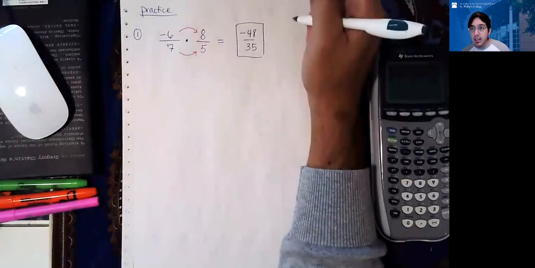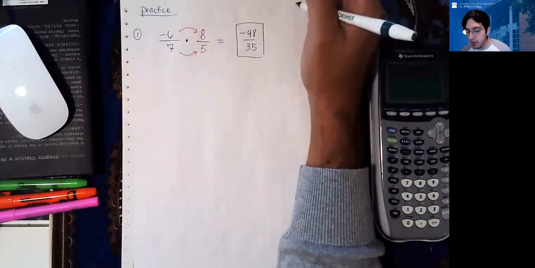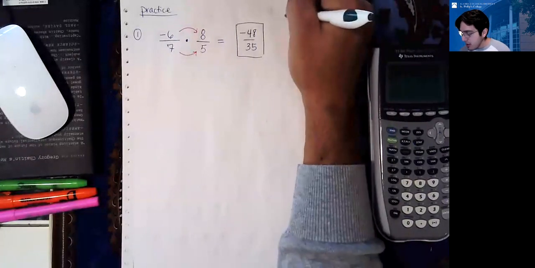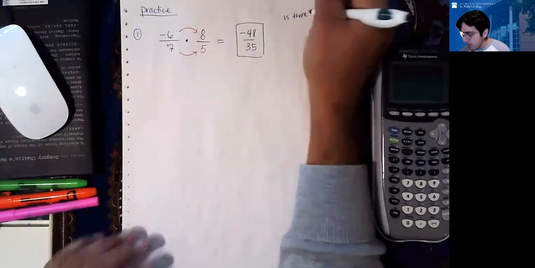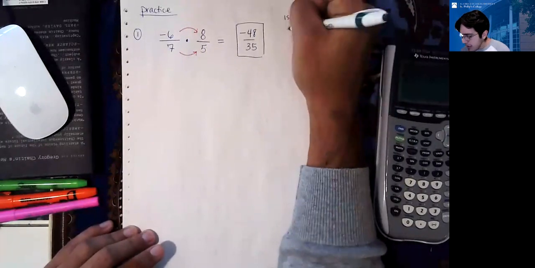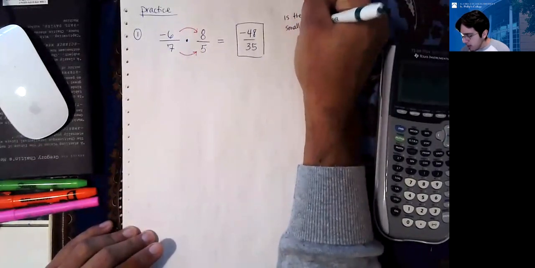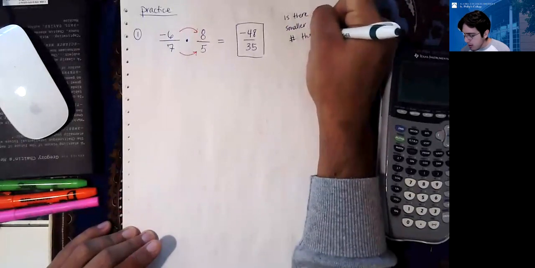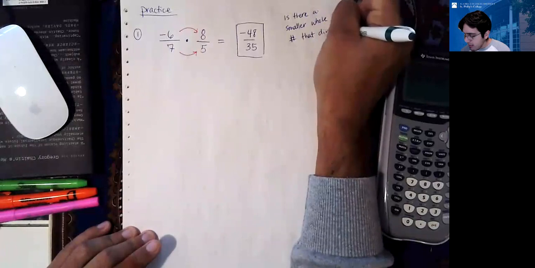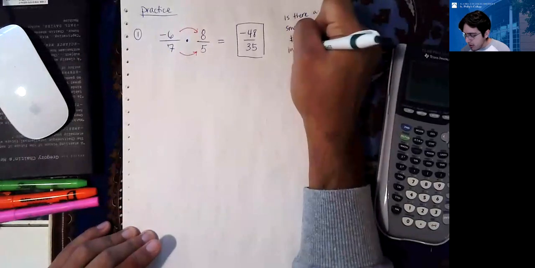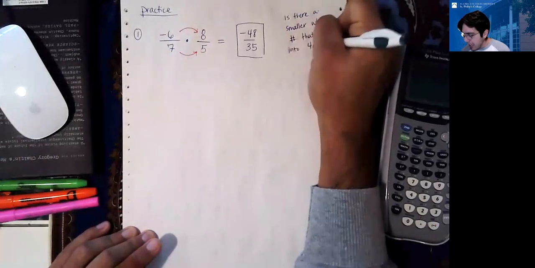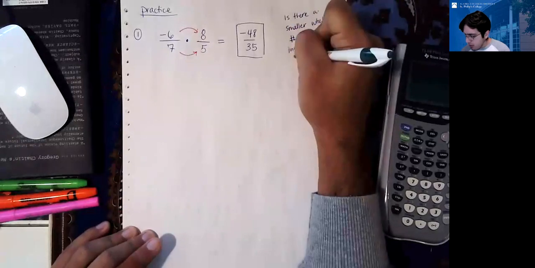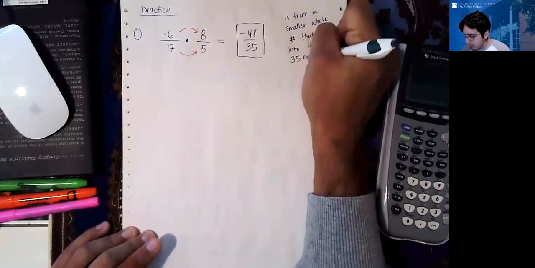So one strategy that you can employ to try to see if you can reduce it is ask yourself, is there a number, let's say a smaller whole number, that divides into 48 and 35 evenly?